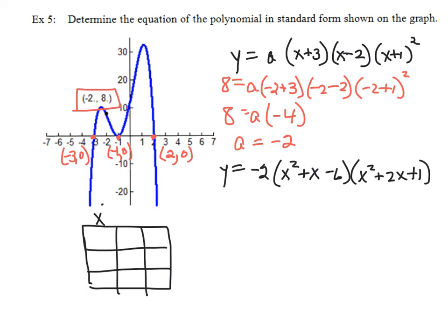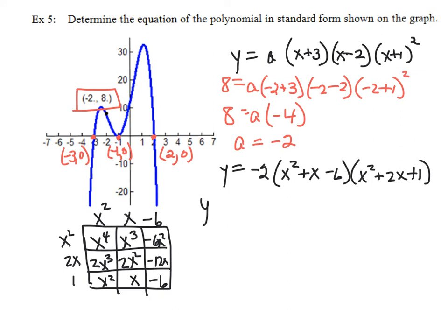So I've got x squared, x, and minus 6. I've got x squared, 2x, and 1. Do all of your multiplies, so x to the 4th, x to the 3rd, minus 6x squared, 2x cubed, 2x squared, minus 12x, x squared, x, and -6.